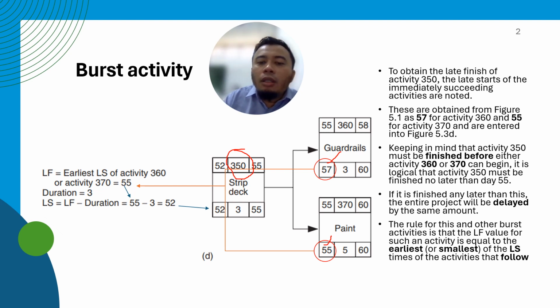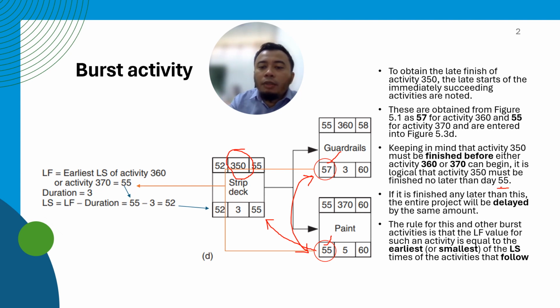So activity 350 must be finished based on the earliest day between these two. Based on this, painting work is the earliest, at day 55. So that is going to be your latest finish for the preceding activity.